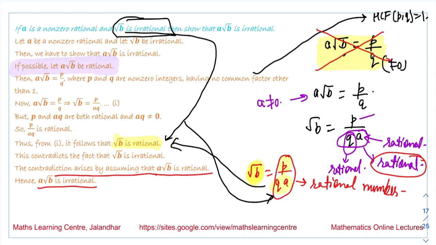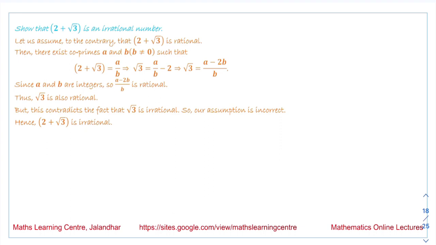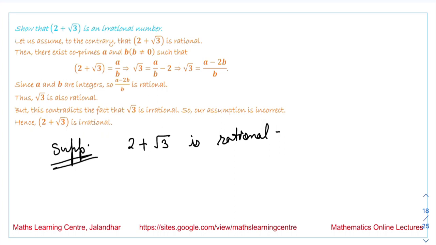Now next is, show that 2 plus root 3 is an irrational number. So suppose we are saying this number is rational. This is what we have supposed. Then we are saying 2 is rational.